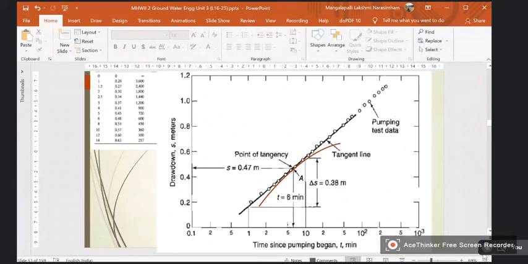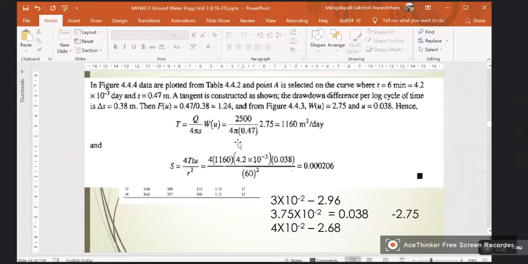So you can see in the calculations, small s is taken as 0.47 and capital T is calculated. Prior to that, FU is calculated. So your delta S is 0.38 and your S is 0.47.